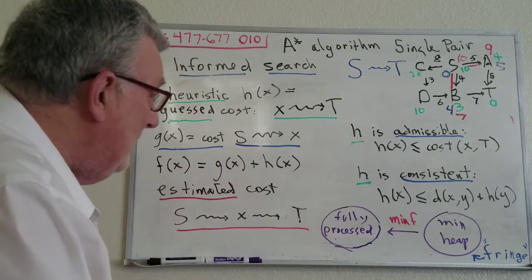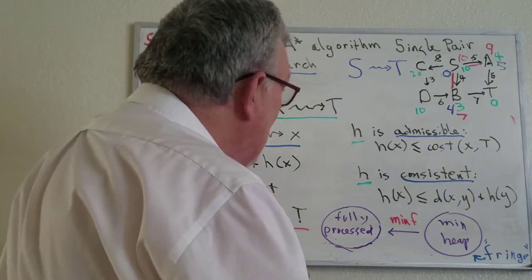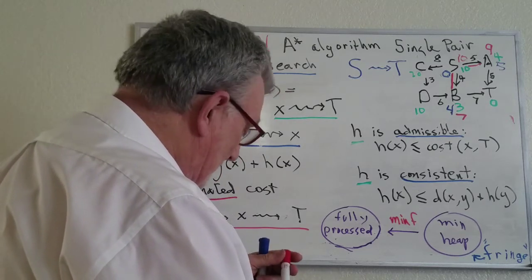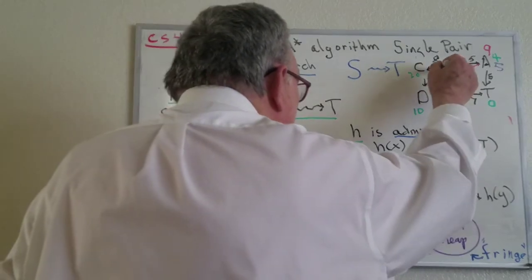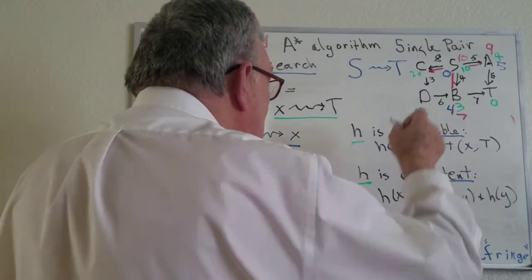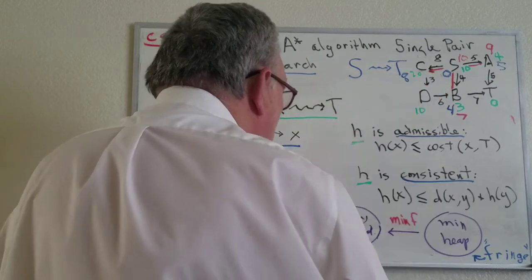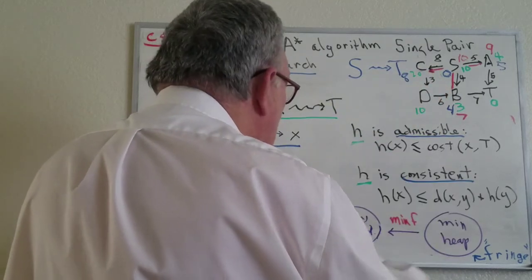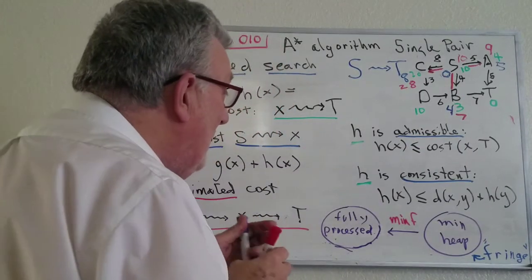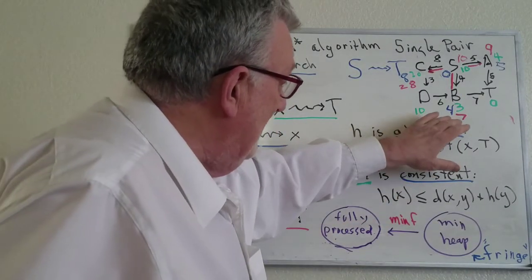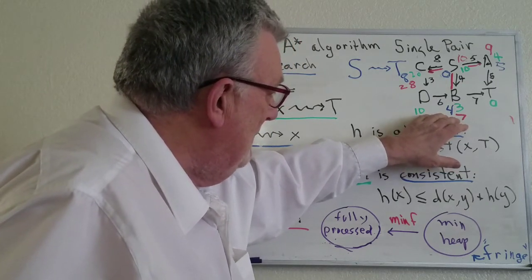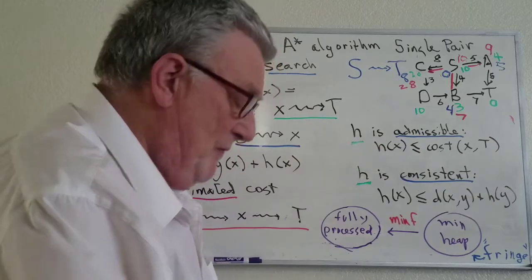So B is deleted, and its out neighbors are then inserted. We have to do this one now. How come I neglected that? This has a blue value of 8 and a red value of 28. All right, now we delete B, which has the smallest red value, and we now push its out neighbors.